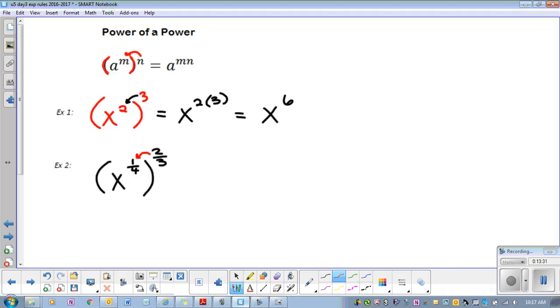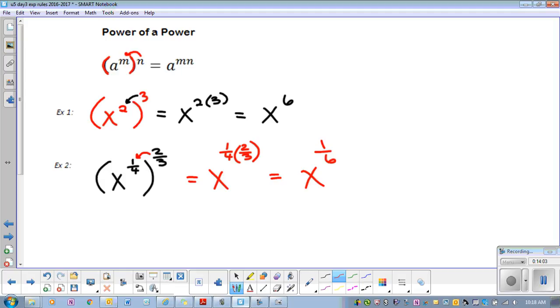Not add. Multiply. So if you ever have parentheses with an exponent on the outside, it's going to multiply with other exponents. So what is 1/4 times 2/3? Should have 1/6.